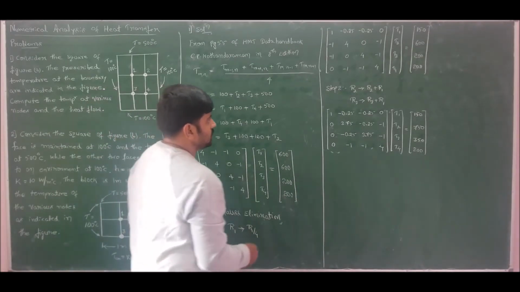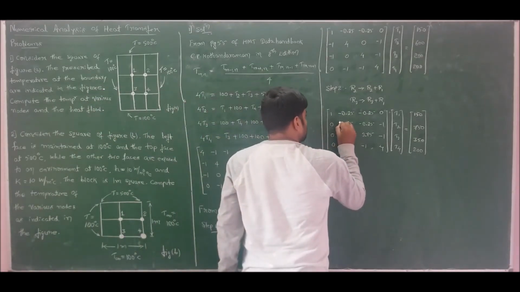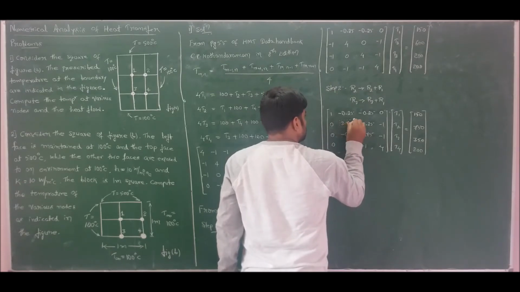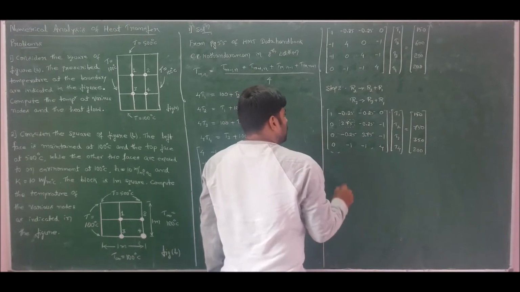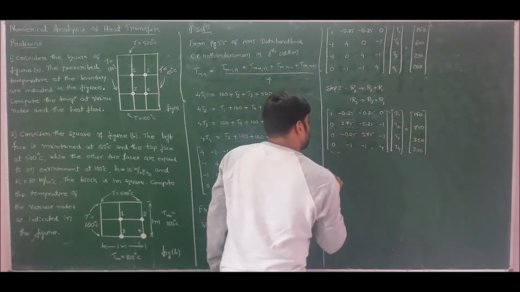Now in step 3, this is the key element. The key element should be made as unity. So therefore I'll divide row 2 throughout by 3.75 in step 3.